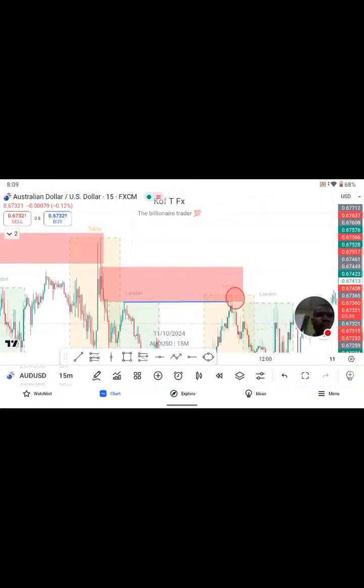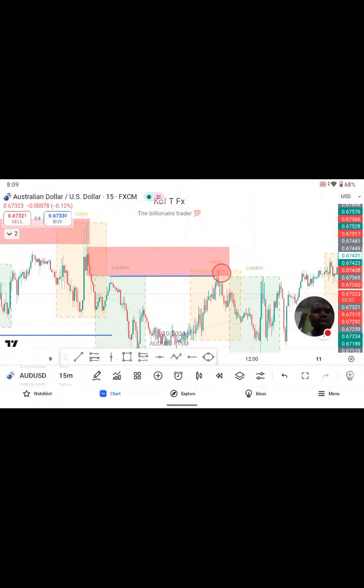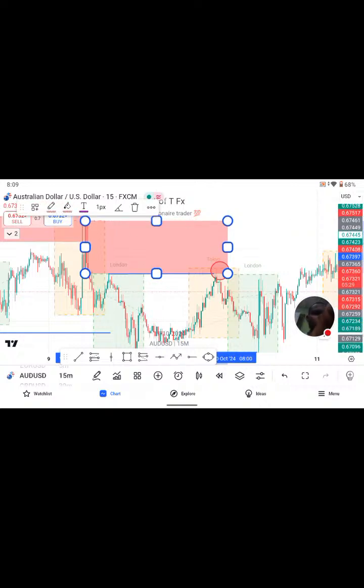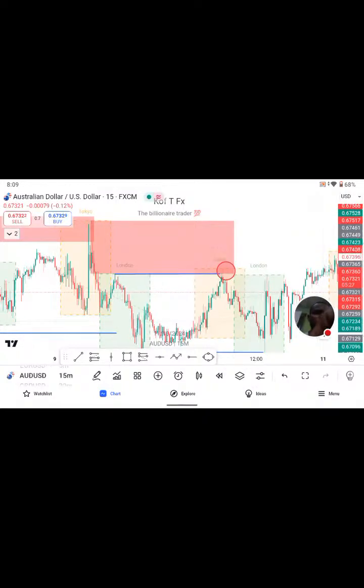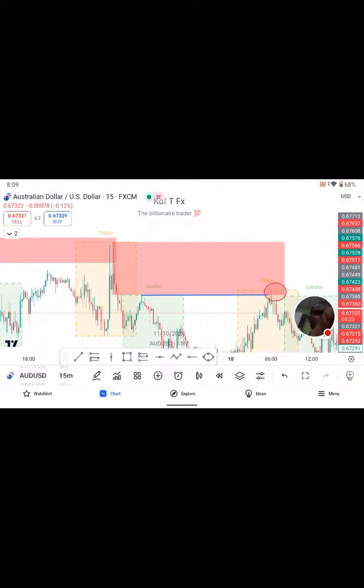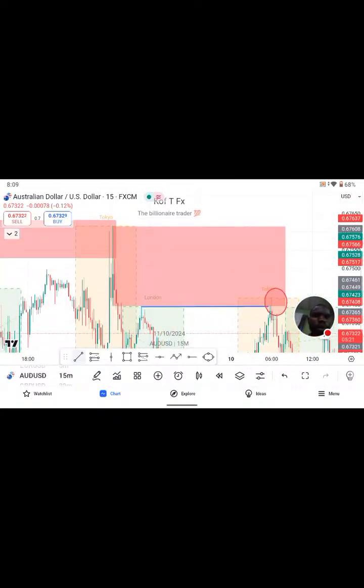But as it is right now, there are still some areas of unmitigation in this POI. So what did I consider that green candle grab liquidity?